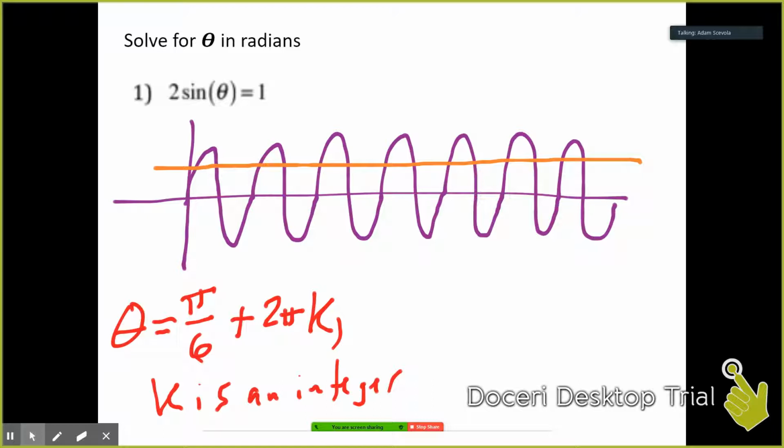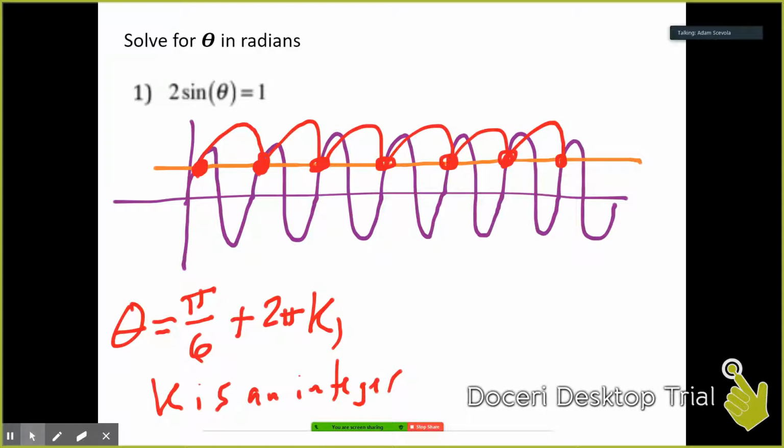If this is pi over 6, then when I add 2 pi, I would be at this intersection. If I add 2 pi, I'd be here. If I add 2 pi, I'll be here. And that keeps going forever. So as long as you add a full integer multiple of 2 pi, you got your answer.